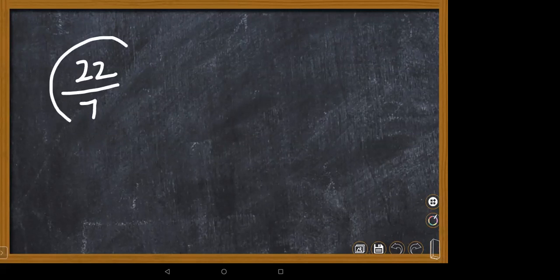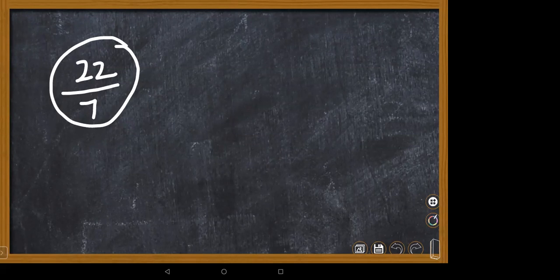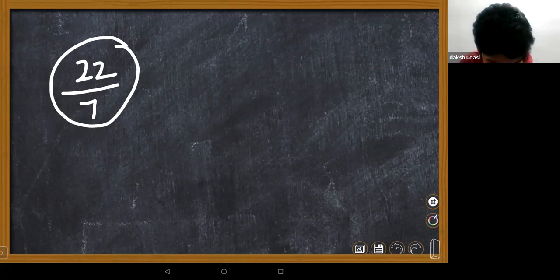Can you do this division, children? Please give the answer. One minute, ma'am. Come on, children. This won't convert into hundreds or tens, so do a normal division. Who will give first? 22 by 7. Ma'am, the quotient is 3.